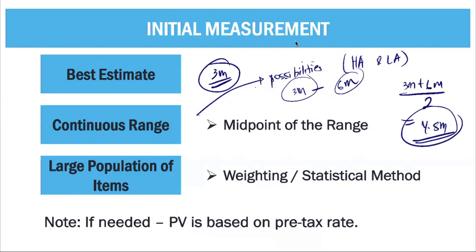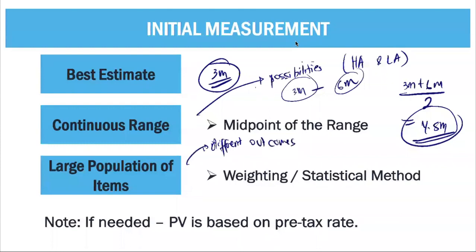Now, what if you are given a large population of items? If you are given a large population of items, meaning you are given different possible outcomes of the provision, how do we measure it?